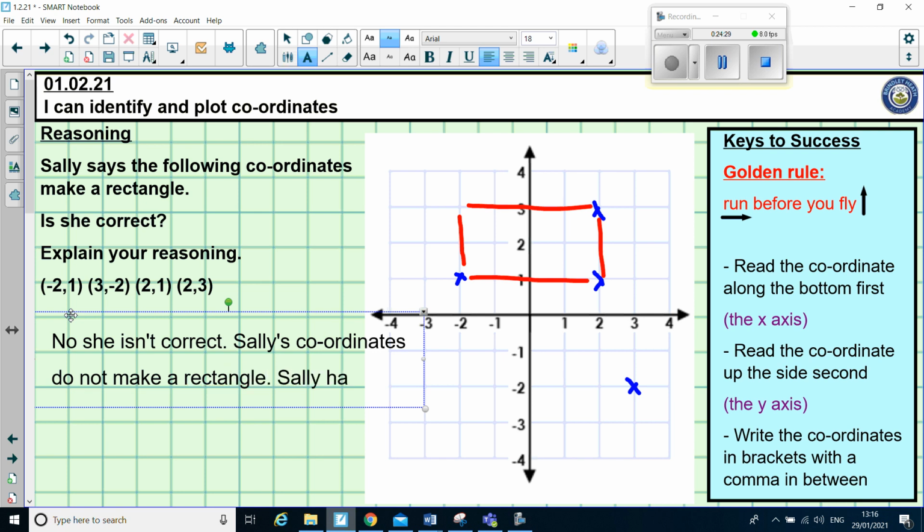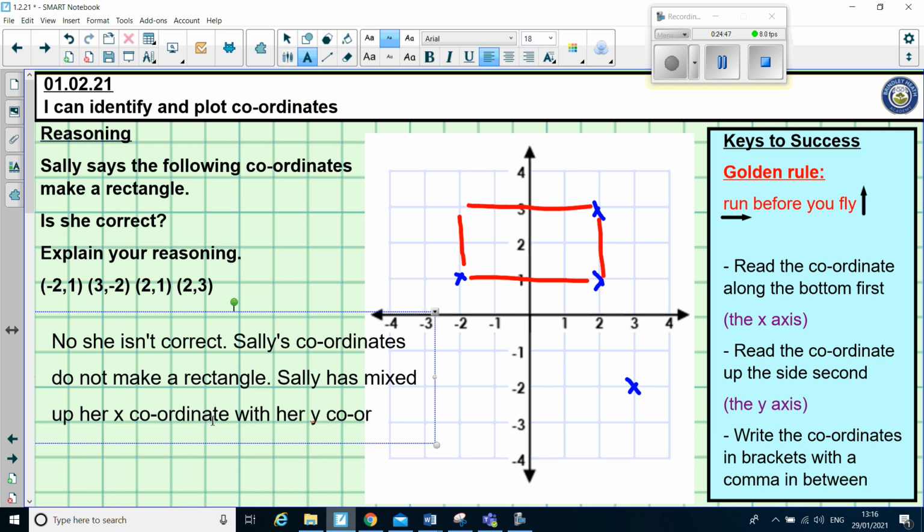Sally has mixed up her x coordinate with her y coordinate for the second point.